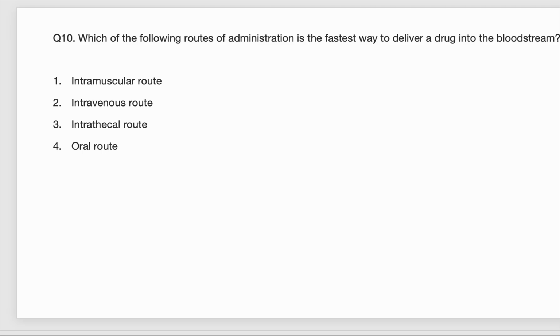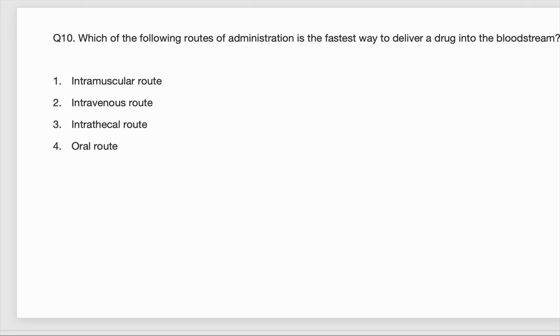Which of the following routes of administration is the fastest way to deliver a drug into the bloodstream? 1. Intramuscular, 2. Intravenous, 3. Intrathecal, and 4. Oral route. The correct answer is the intravenous route, because it's directly injected into the systemic circulation.